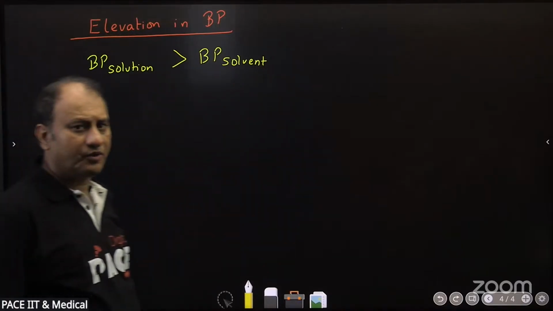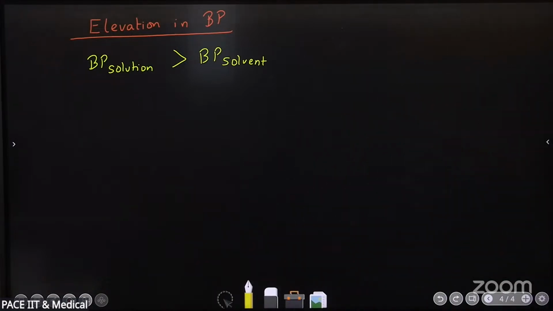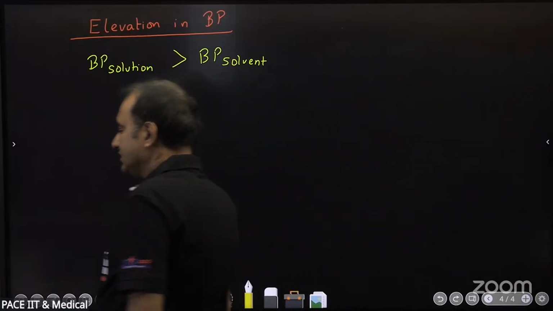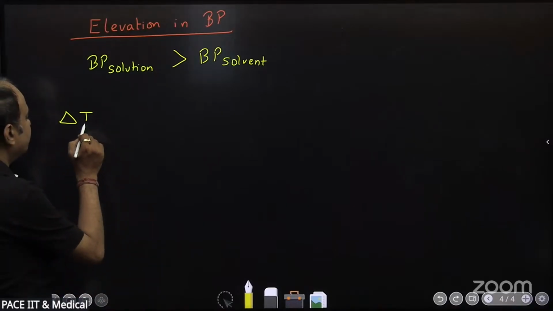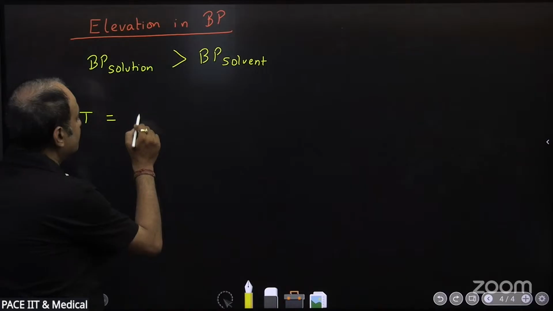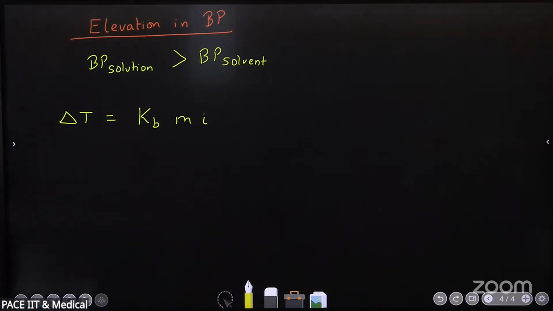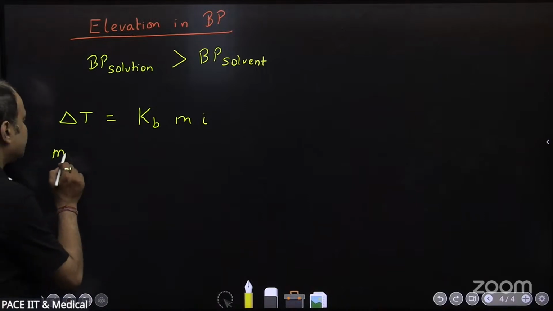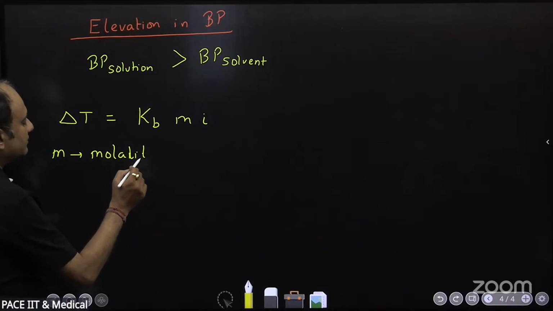Like pure water has a boiling point of 100 degrees. If I dissolve some salt in water, its boiling point will definitely be more than 100 degrees. Correct? And how is the change given? The change in boiling point, delta T, is given by Kb m i. Here, small m is the molality of the solution.